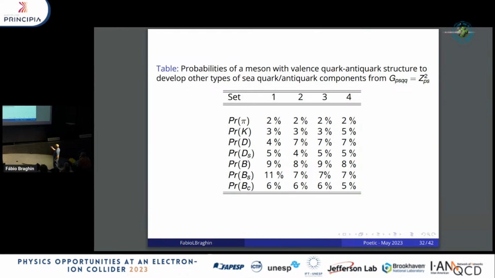So we also counted the effect of the renormalization of the constituent quarks due to the C quark. We find also that for heavier mesons, the effect is still stronger than for the light mesons.